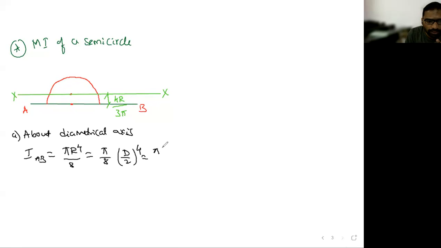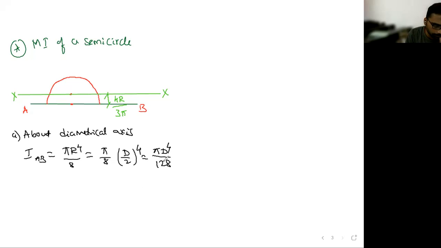So can I write it as pi d raised to 4, over 8 into 2 raised to 4, which is 8 into 16, 128.